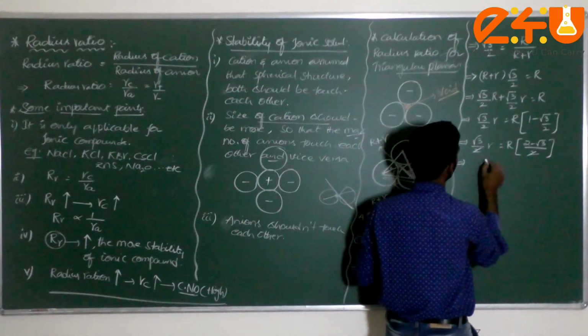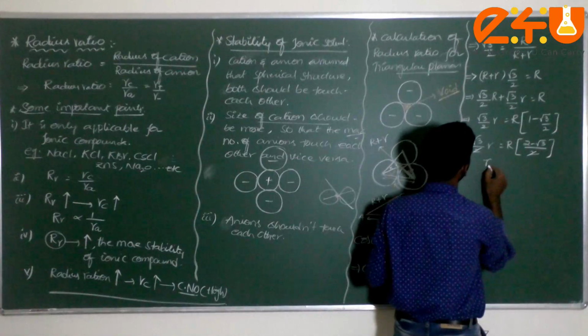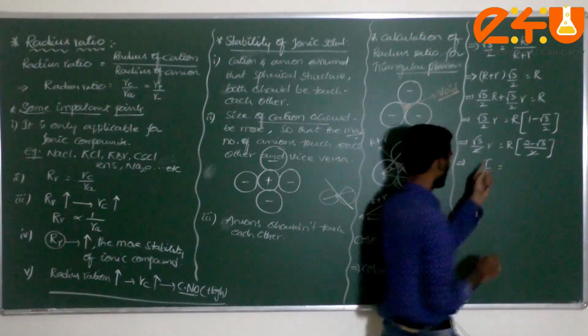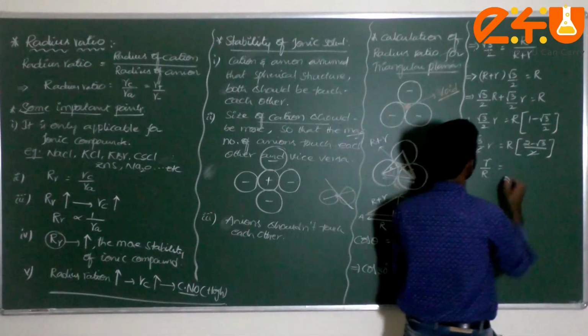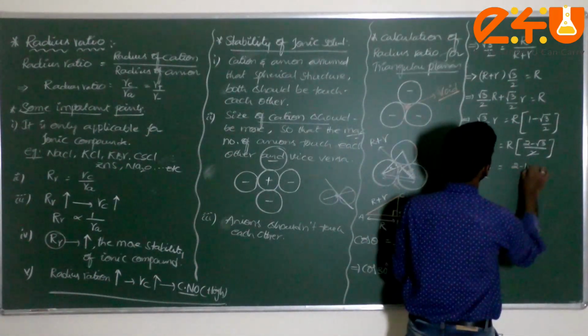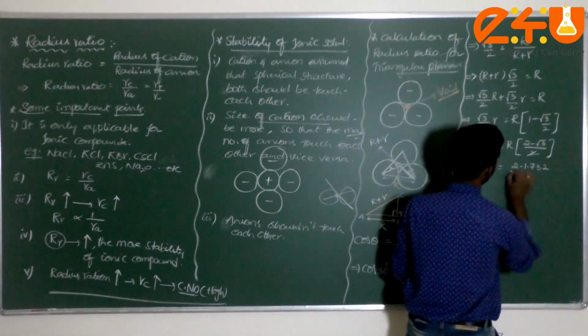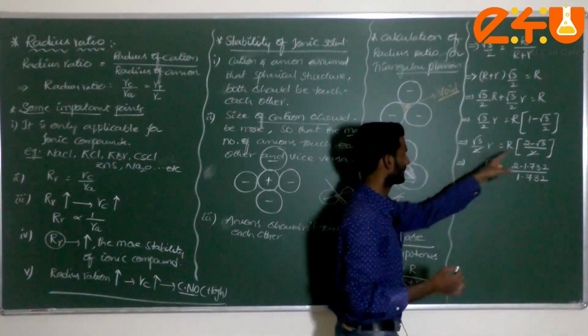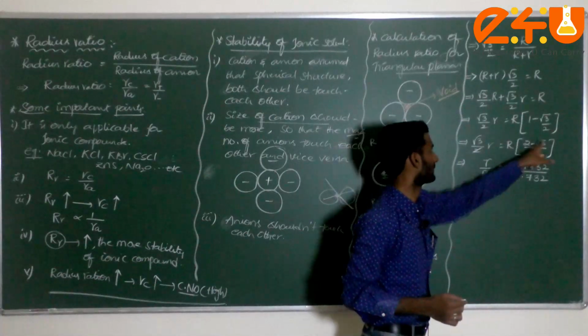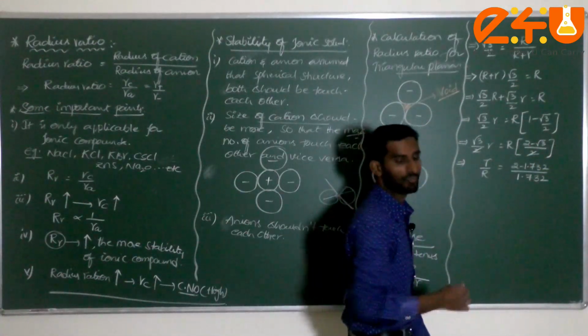That implies you can write here r by R. This is called the radius ratio. r by R is equal to 2 minus 1.732 divided by 1.732. Am I correct or not? So r by R is equal to 2 minus root 3 divided by 1.732.